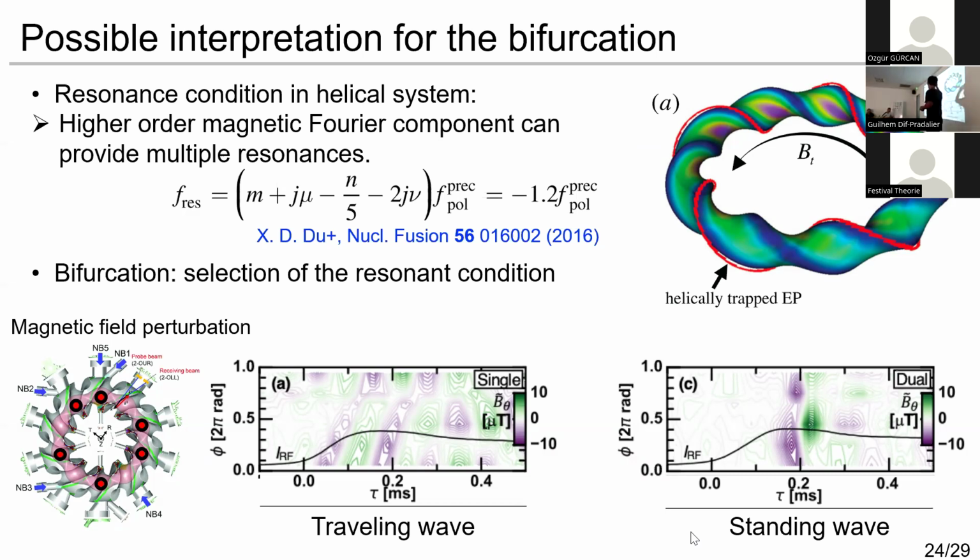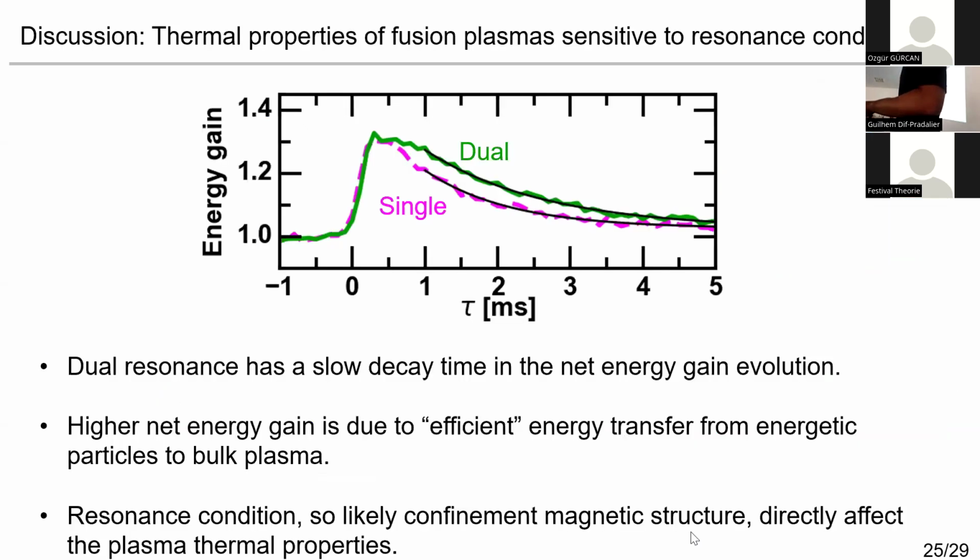But because of the geometrical factors shown here, this resonance frequency can be either negative or positive. So bifurcation in this case is considered to be a selection among the multiple resonance conditions. So this is a discussion.